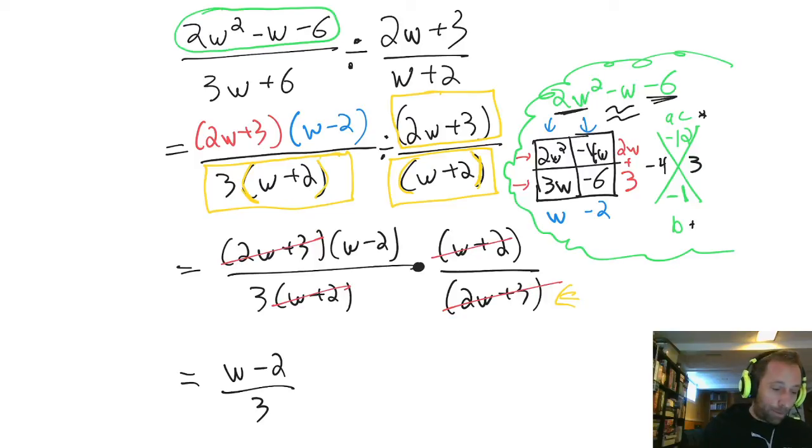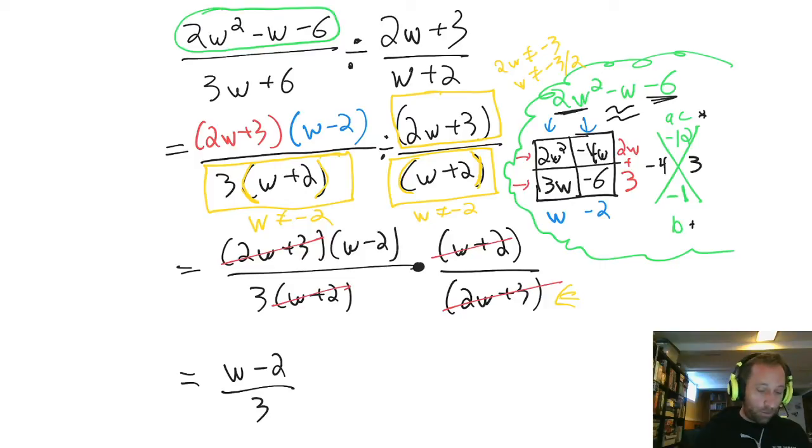I'll identify them up here. So w plus 2 means w cannot be equal to negative 2 is one possibility, but that's just a repetition. And 2w cannot be equal to negative 3, so w cannot be equal to negative 3 over 2.